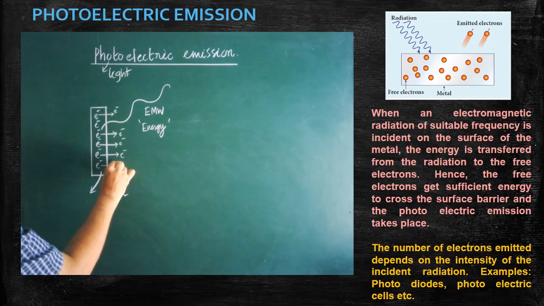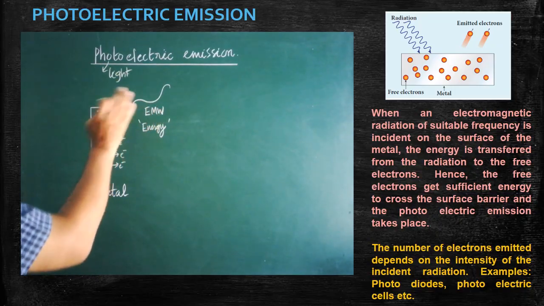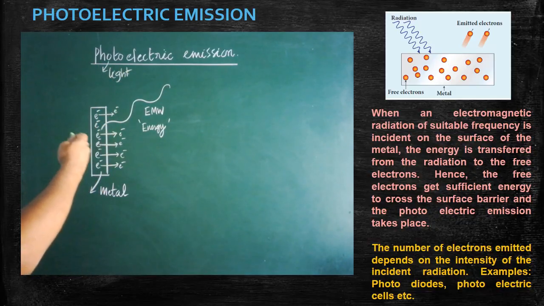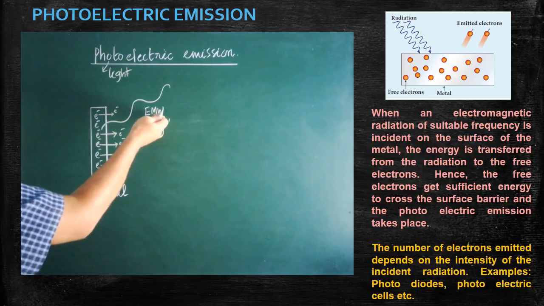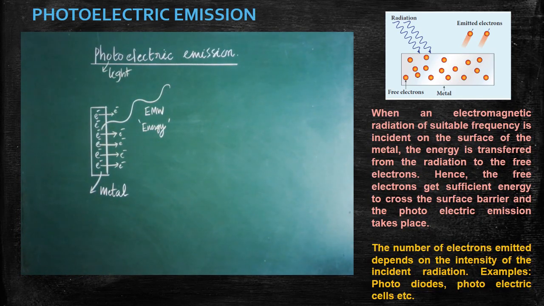So the liberation of electrons from the metal surface with the help of electromagnetic wave radiation, especially light, is called photoelectric emission, since the electron emission takes place with the help of light. Mainly this phenomenon takes place in photoelectric cells.